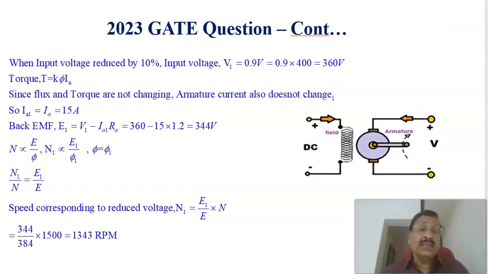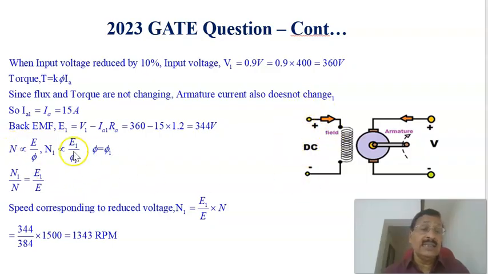Now, as we know, the speed of the motor, the back EMF and the flux are related by N proportional to E by phi. For the second case, when the voltage is reduced, N1 is proportional to E1 divided by phi1, but phi equals phi1 because the flux is not changing.